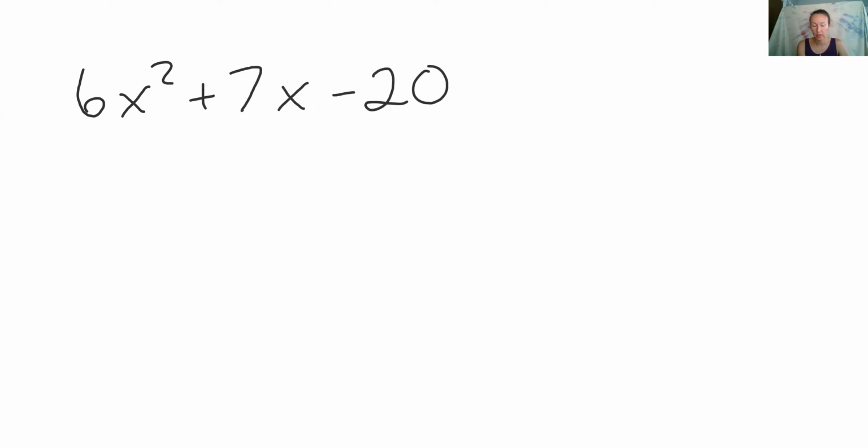So let's do another trinomial, but this time with a leading coefficient that is not 1. So here we have, again, another trinomial, but our leading coefficient isn't 1, so we can't use the same technique.